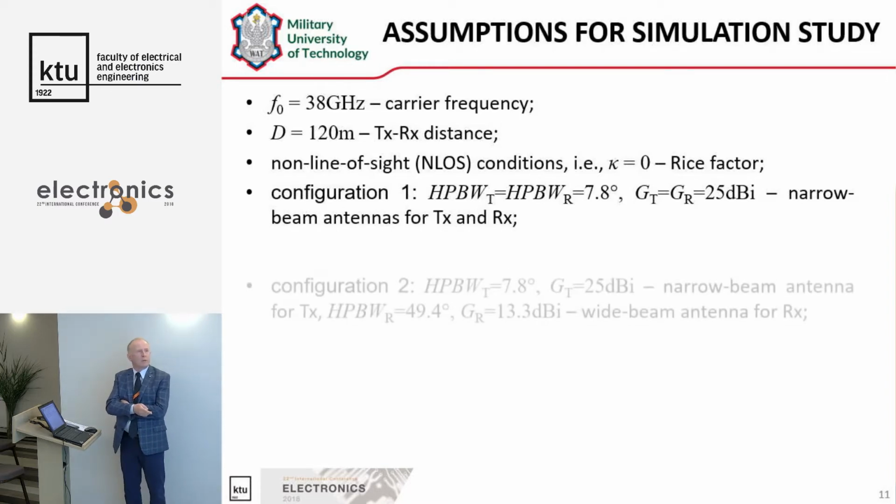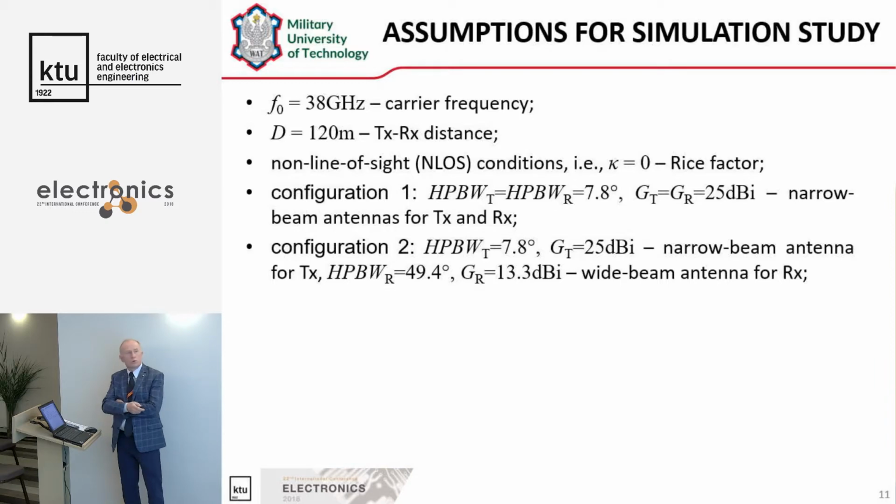And we have made the simulation for two scenarios. In scenario 1, the transmitting and receiving antennas were the same, so the half power bandwidth of the transmitter and of the receiver equals 8 degrees, and the antenna gain of transmitter and receiver equals 25 dB.